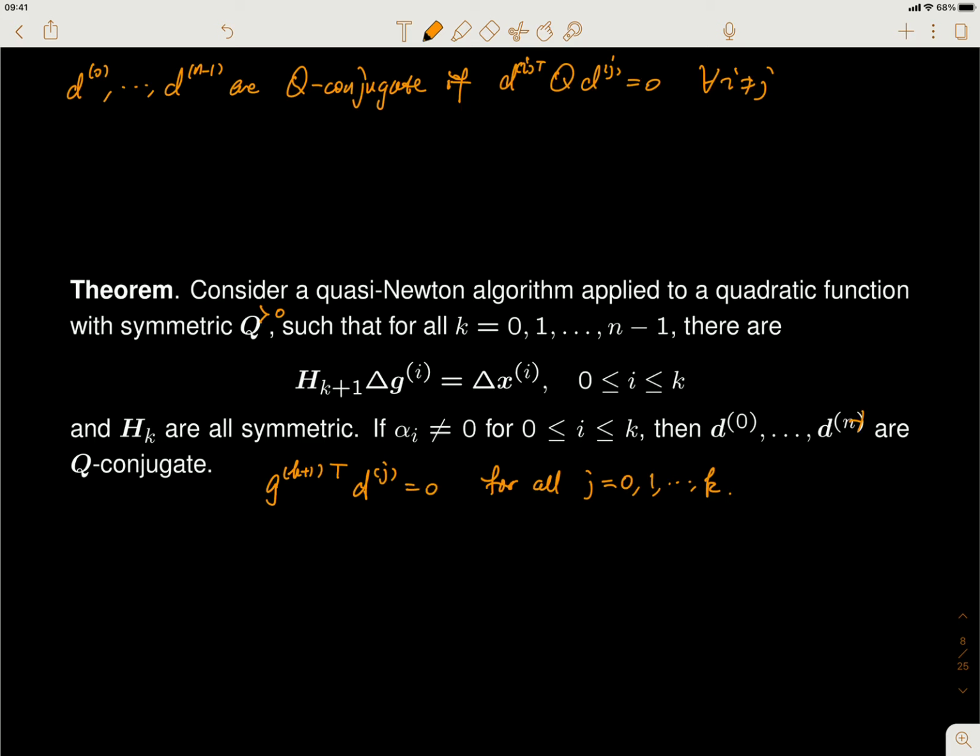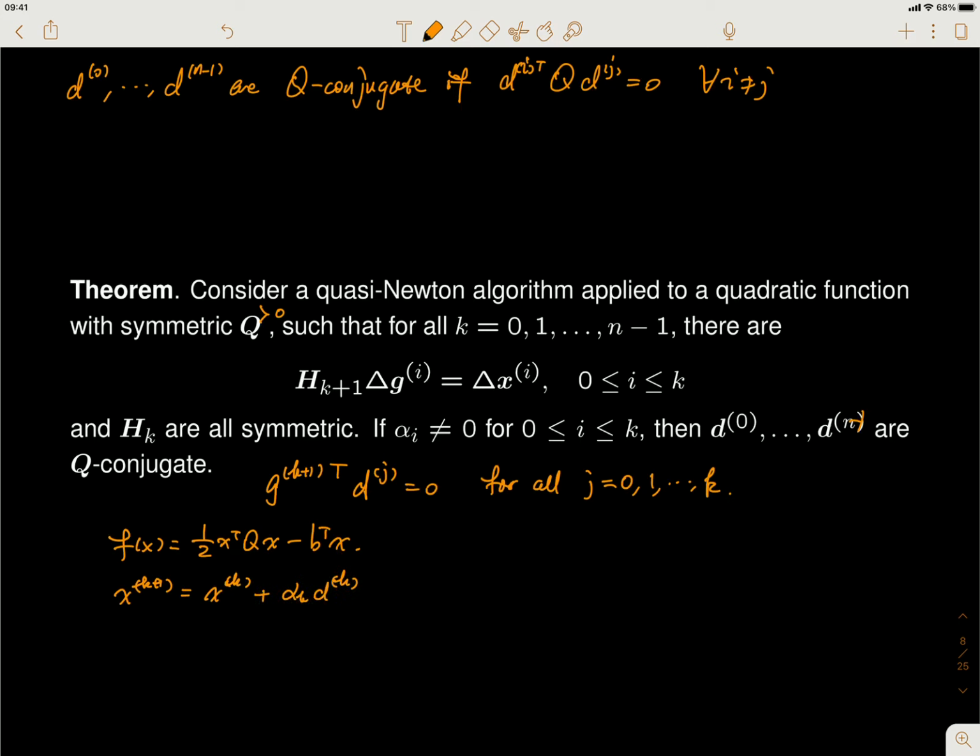For quadratic functions, as we recall, suppose we already have xk and also dk. We know that x k plus 1 is equal to xk plus alpha k dk.